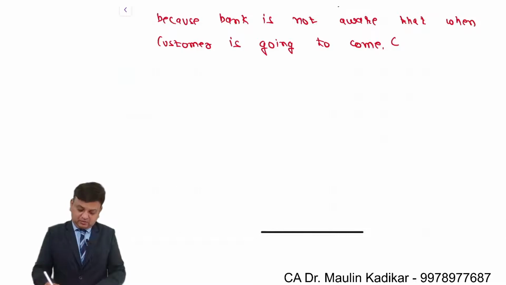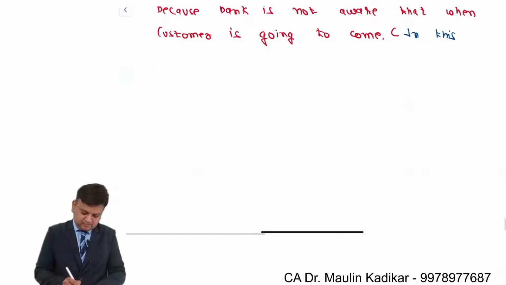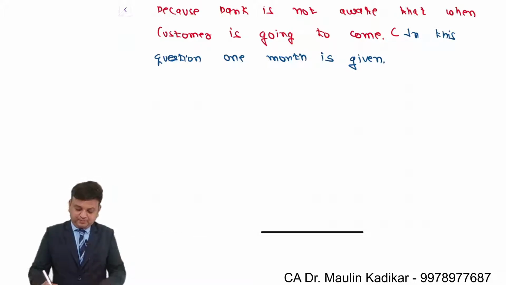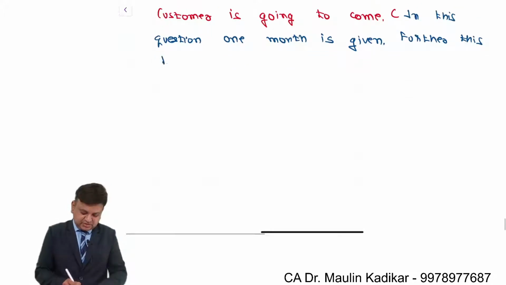In bracket write down, in this question, 1 month is given. Full stop. Further, this transaction is implied otherwise.